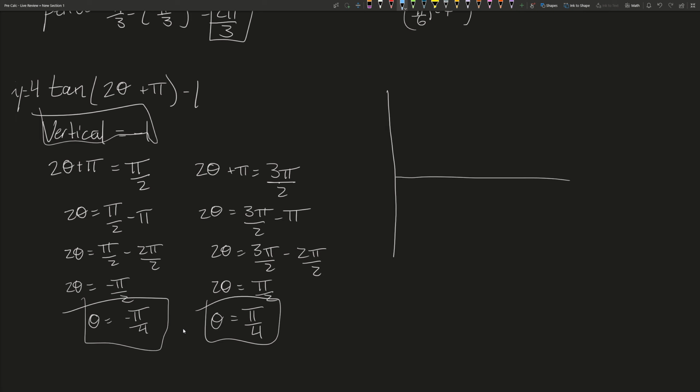So the first thing, plot your asymptotes. So this blue line will be -pi/4. This right blue line will be pi/4. Our center line is -1, and then we can start to draw the graph.